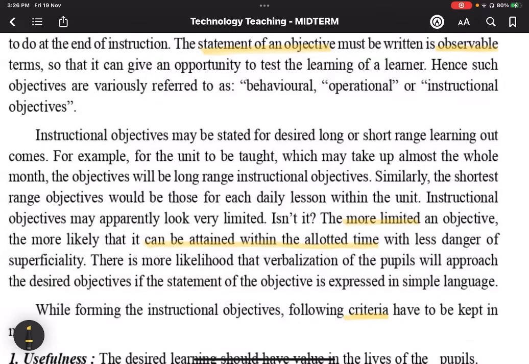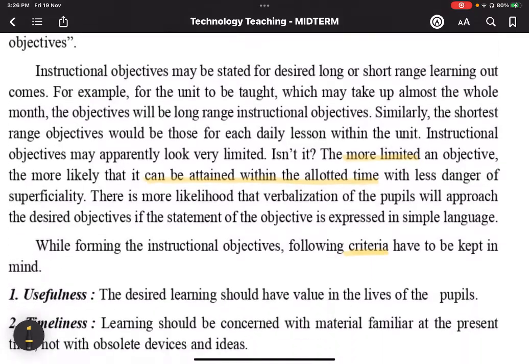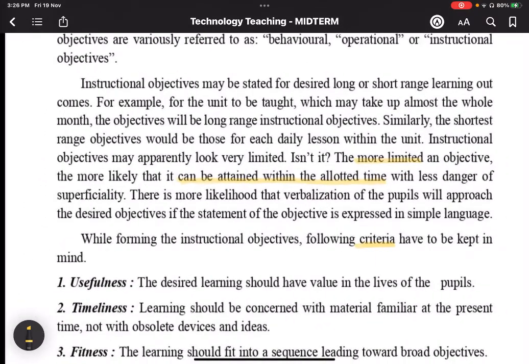The more limited an objective, the more likely it can be attained within the allotted time. No? Konti lang 'yung objective mo, limited in regards with time, the more it can be easily attained. 'Yung mga long range na instructional objectives, 'yan, medyo pang matagalan, no? Matagal bago ma-achieve.